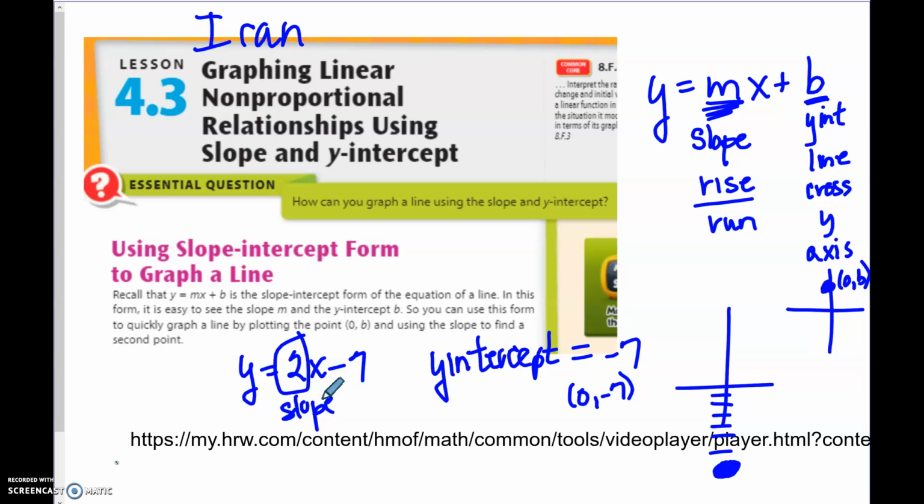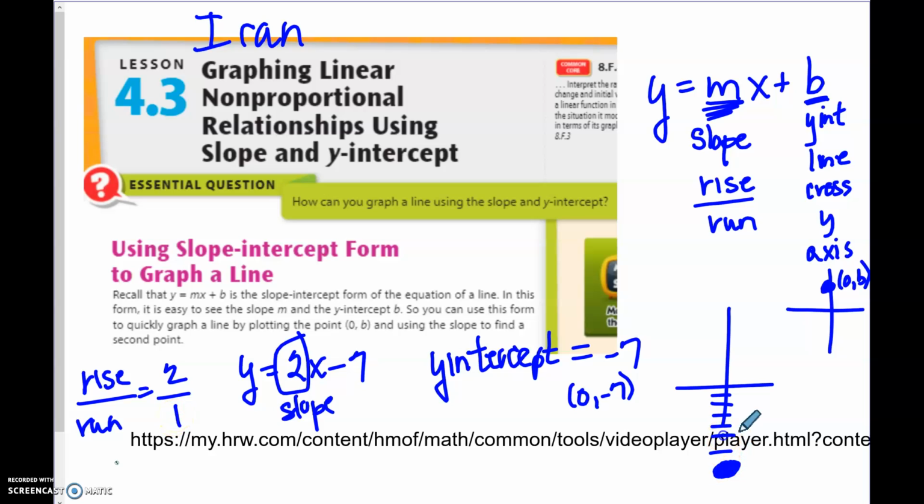Then this is telling me that my slope is 2. Now remember, slope is the ratio of rise over run. So if this slope is 2, what number can I put underneath to help me with my ratio of rise and run without changing the value? That's a 1. So I can rise 2 and run 1.